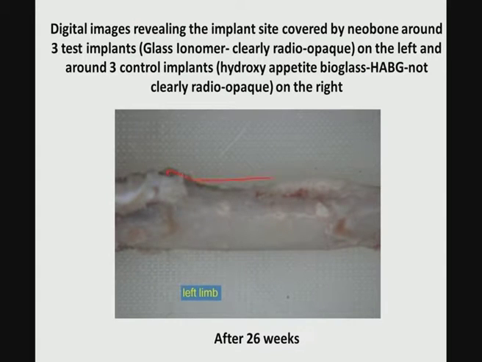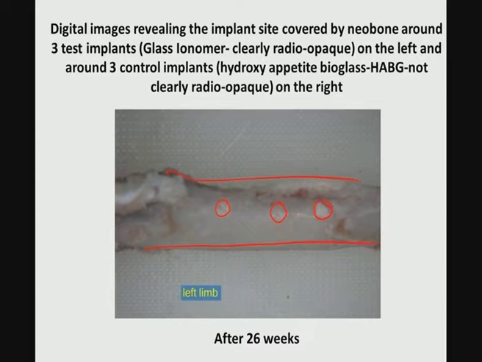This is the macroscopic image of this explant. You can see the 3 implants, not very clearly, but you can somehow identify that 3 implants are there, and around them the bone has been regenerated. So, it shows integration without any histology section.